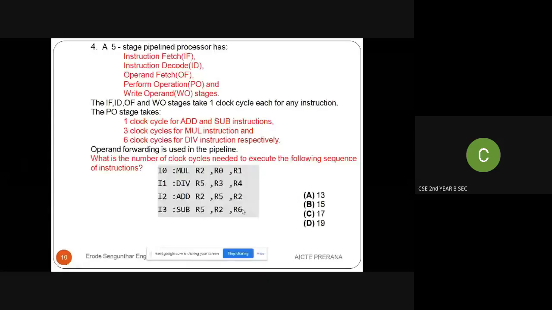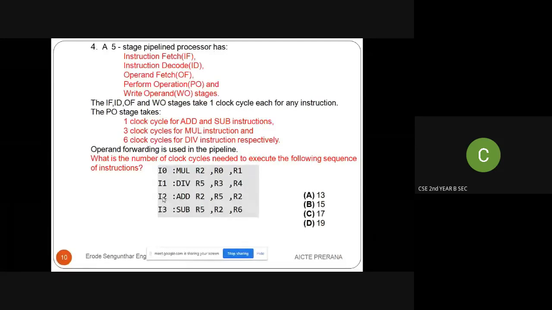These two instructions, I2 and I3, are dependent on I0 and I1. Whenever I0 and I1 forward their operands to I2 and I3, then only these two will be carried out. They depend on previous instructions, so here the operand forwarding technique is used in the pipelining.